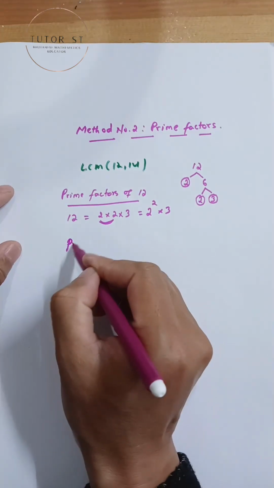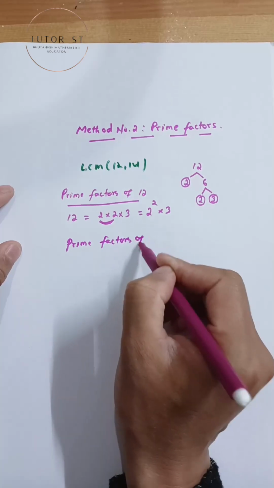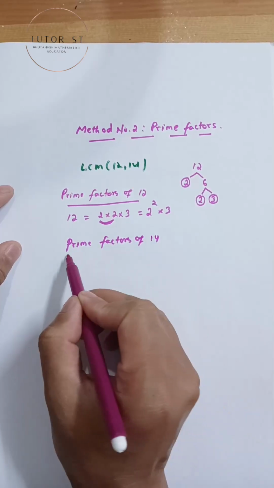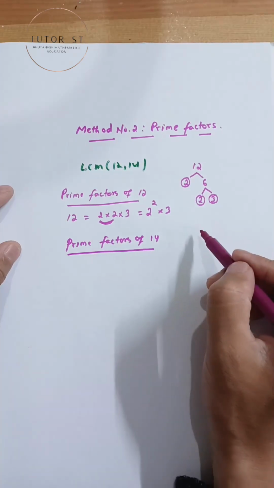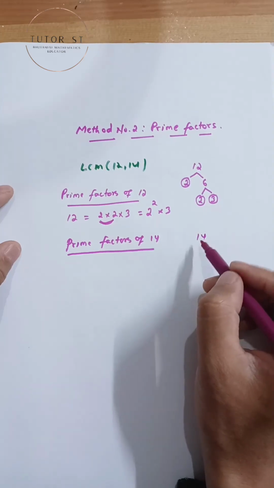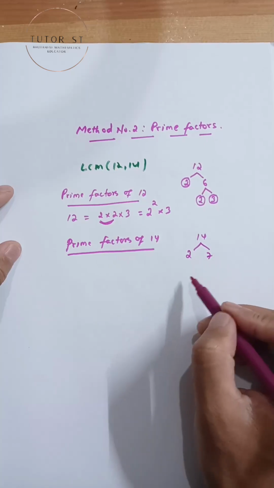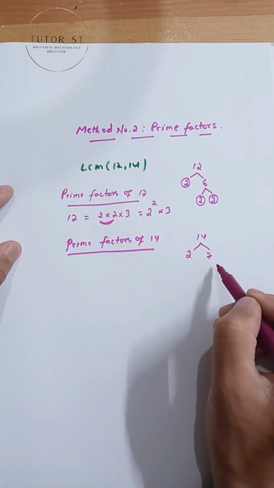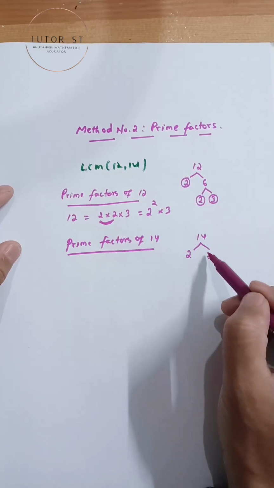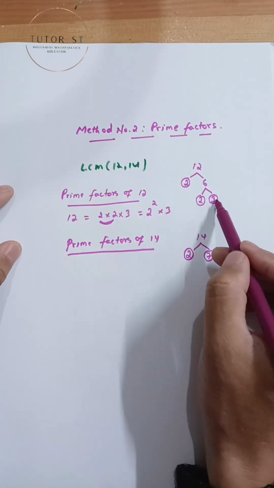Now after this, I'm going to find the prime factors of 14. 14 is an even number, so 2 times 7 will give you 14. I cannot go beyond this because we know that 7 is a prime number, 2 is also a prime number, 3 is also a prime number.